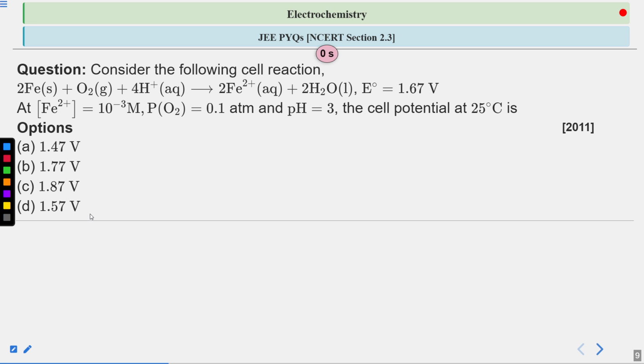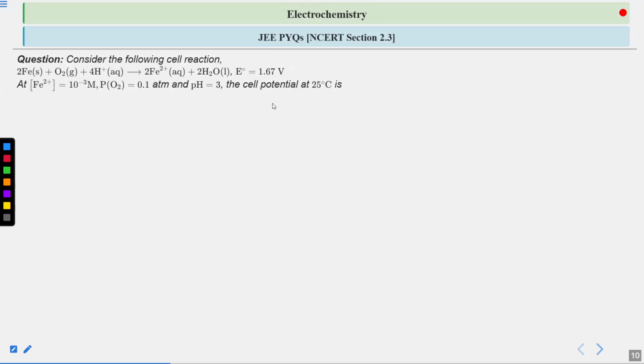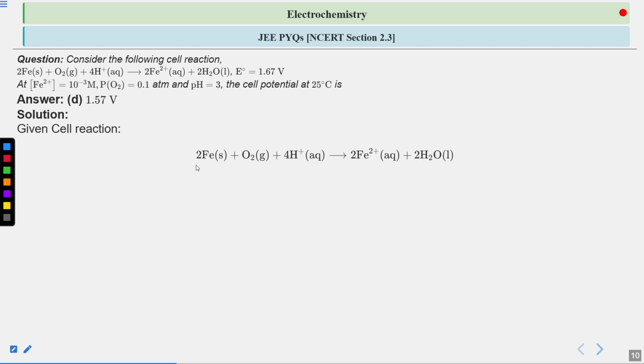Okay, let's see. For this given question, the correct answer is option D, that is 1.57 volt. Given the cell reaction, which is 2Fe plus oxygen plus 4 protons, giving us 2Fe2 positive plus 2 molecules of water.